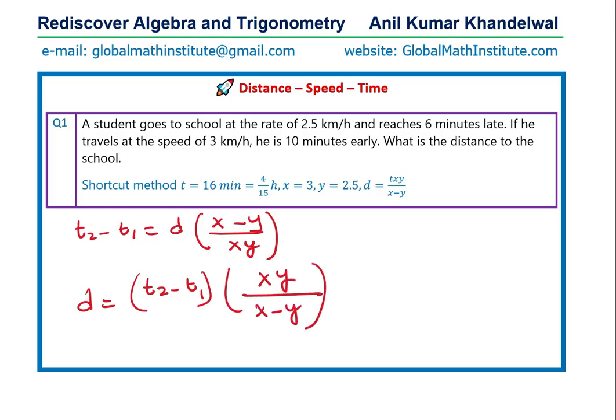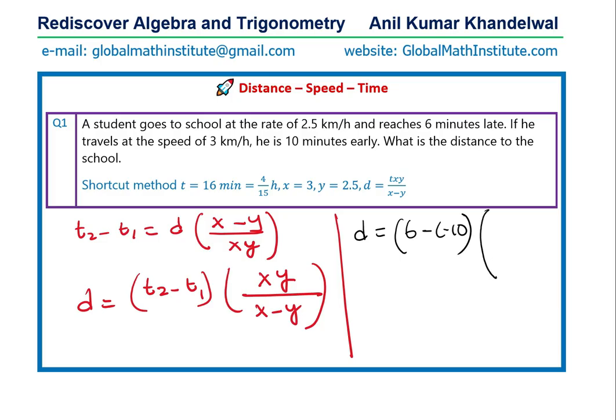Is it clear? So let's use all these values. So distance d equals, the time taken was 6 minutes late, and 10 minutes early means the difference is 10 minutes early and 6 minutes late. So 6 minus of minus 10, correct? So that is the time difference.